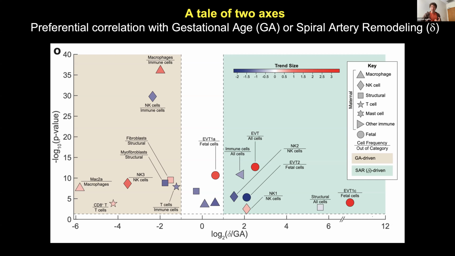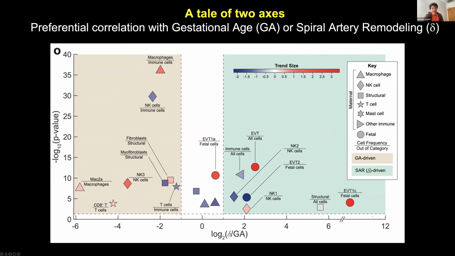And we can now compare those with respect to all these other things, like the frequency of different NK cell subsets, and how many EVTs, extravillous trophoblasts, are nearby. We can ask which of those parameters better explains changes in these different cell subsets.